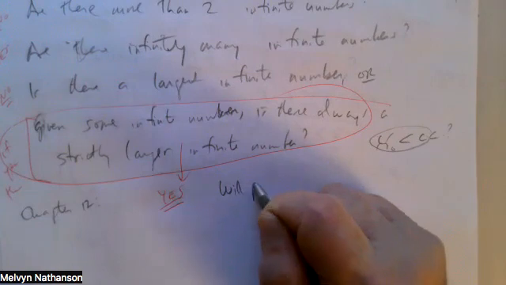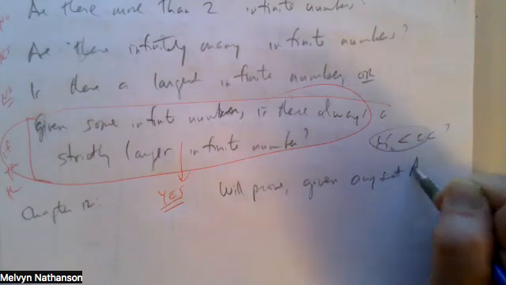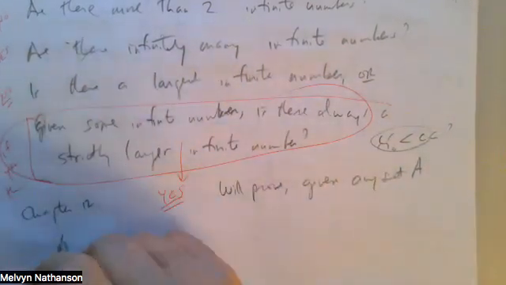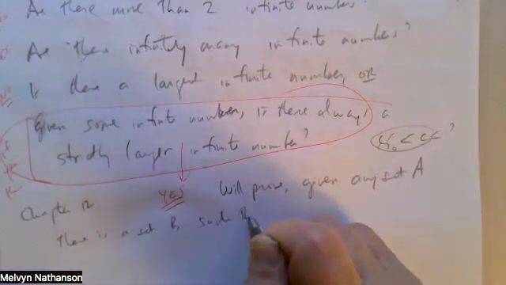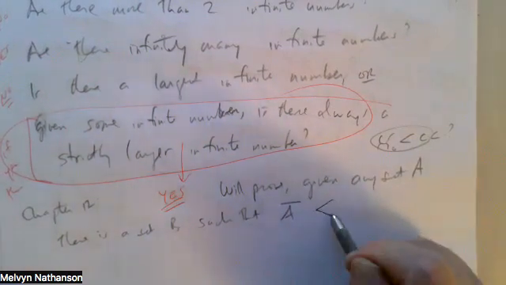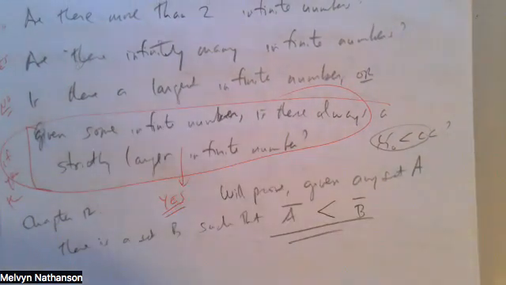So we will prove, given any set A, finite or infinite, there is a set B such that the number of elements in A is strictly less than the number of elements in B. So we're going to prove that given any set A, there is always a set B which has strictly more elements than A, in the sense of equivalence of numbers.